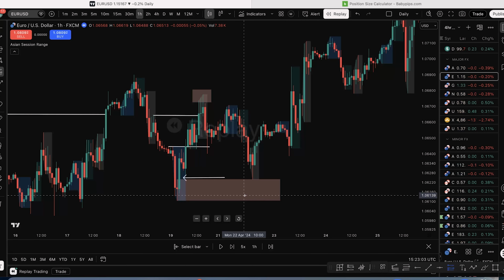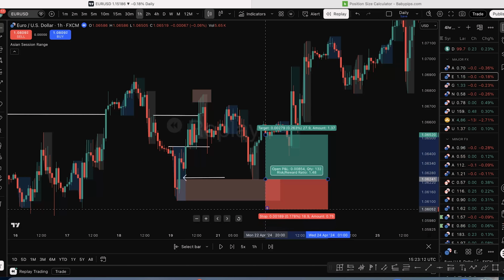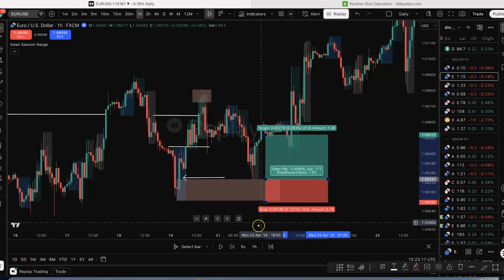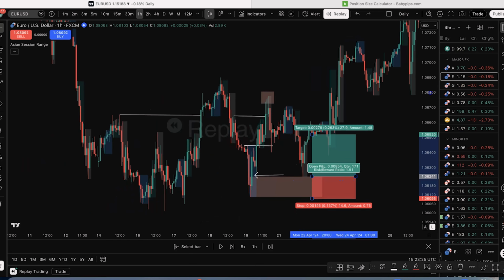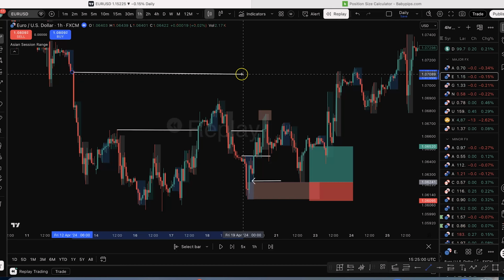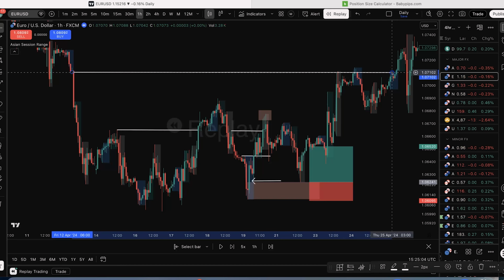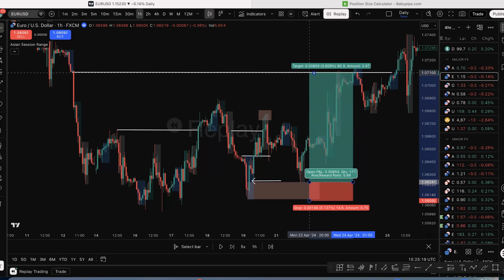So if we were to place our buy limit on this demand zone with the stop loss just below the low, and once again follow that same thesis of targeting previous highs in the trend, such as this open imbalanced supply zone, we would be able to get a confirmed entry from there.